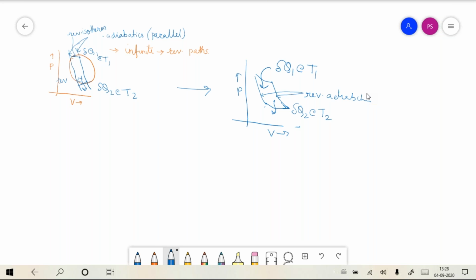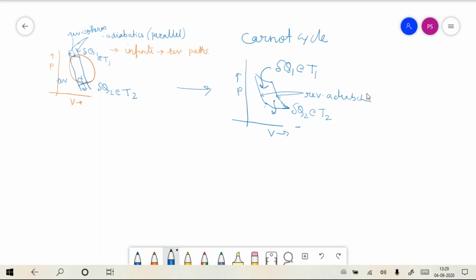So if you look at this, this small portion which I had taken of this reversible cycle is equivalent to a Carnot cycle. Yes or no?